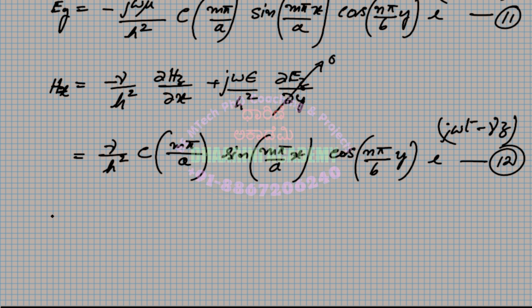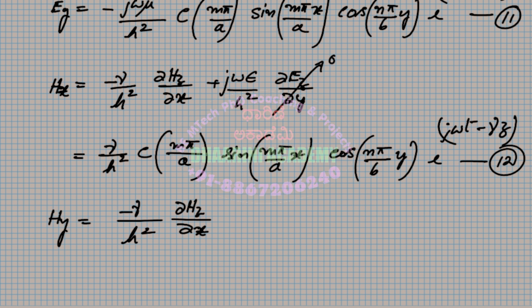Similarly, let's move further and write an equation for Hy. The standard equation of Hy in a rectangular waveguide is minus gamma divided by h square into dou Hz divided by dou x, minus, let me just check the equation once.